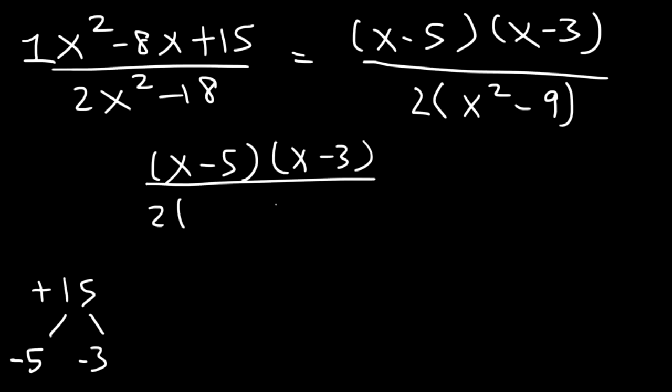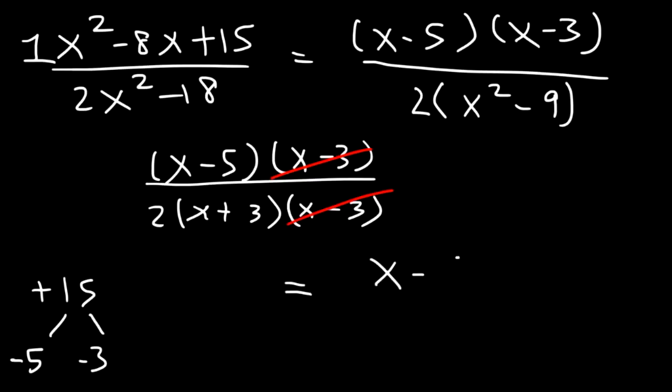The square root of x squared is x, and the square root of 9 is 3. One is going to be positive and the other will be negative. So therefore, the final answer is x minus 5 divided by 2 times x plus 3. And so that's it.